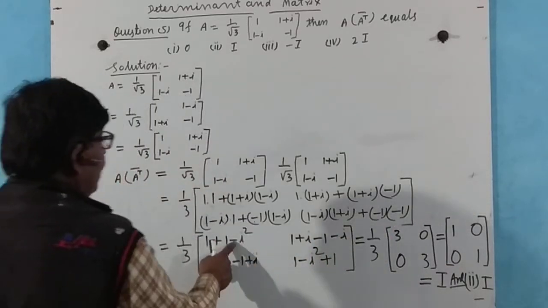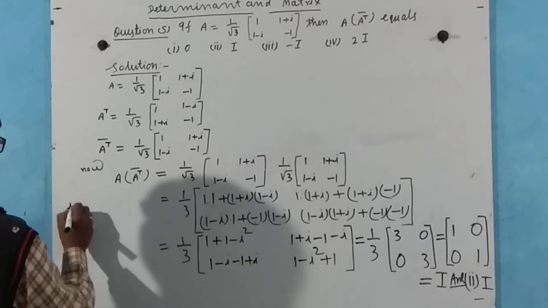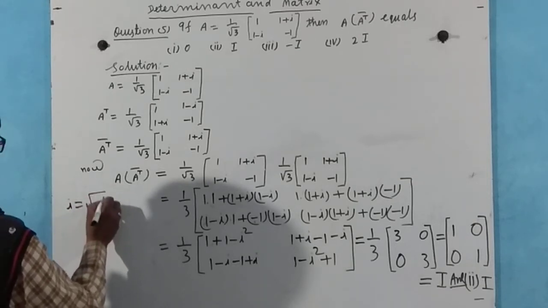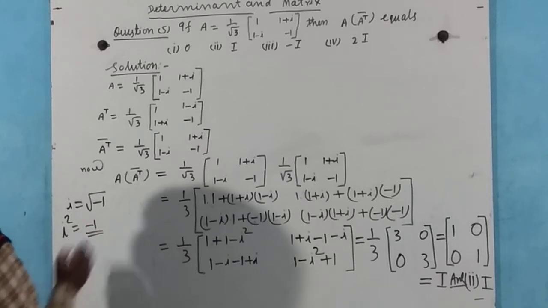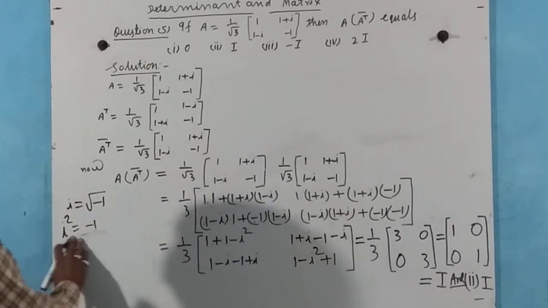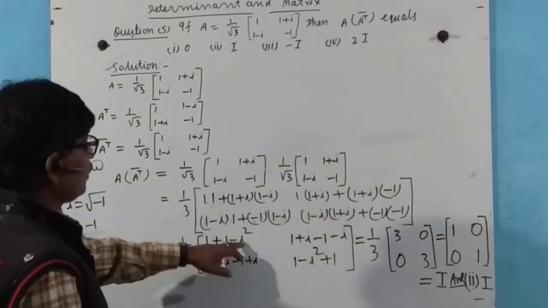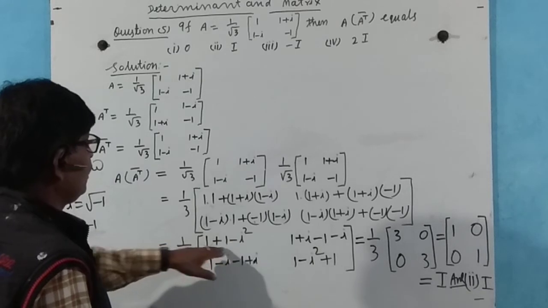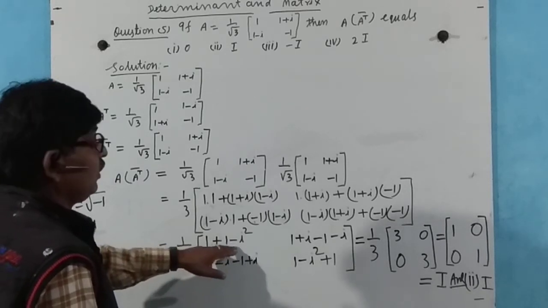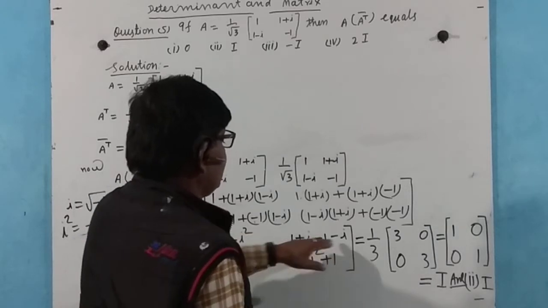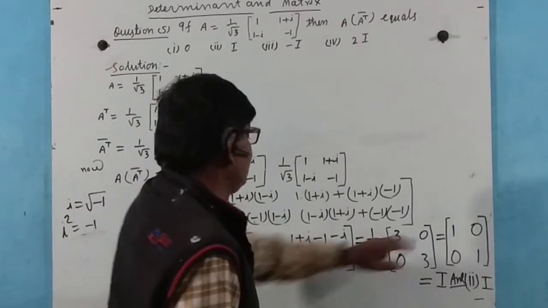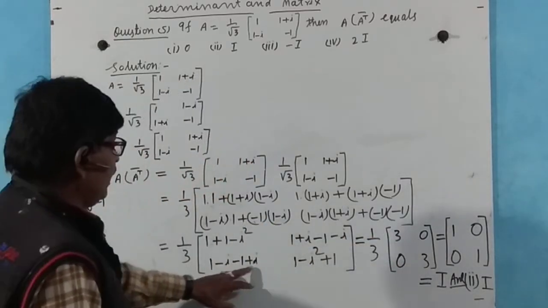Now here i equals the square root of minus 1, so i squared equals minus 1. So 1 and 1 and 1 gives 3, the i terms cancel, and the other entry equals 0.